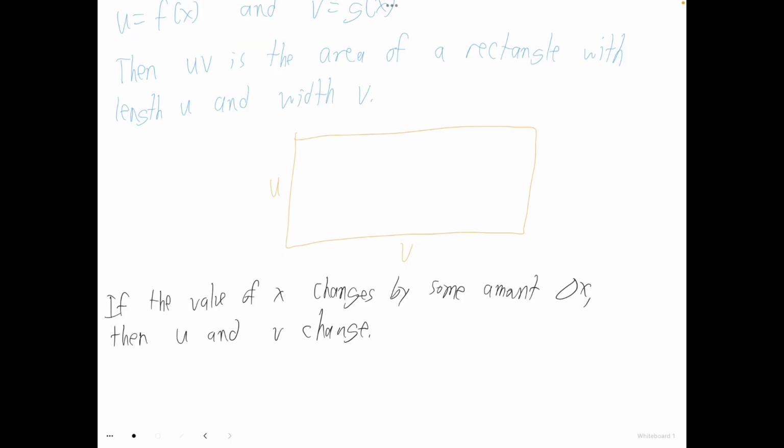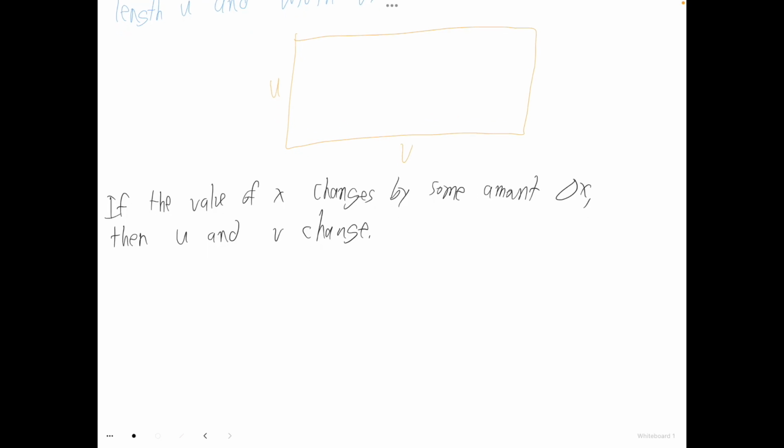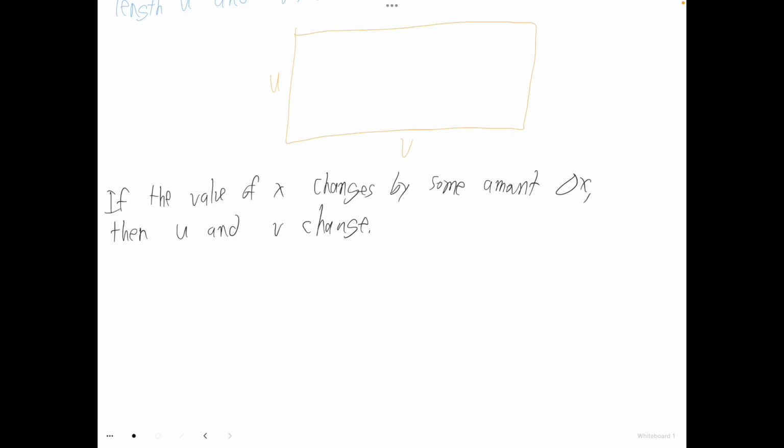In other words, we're going to have a slightly different rectangle if we change the value of x a little bit. The change in u, which is delta u, will be f of x plus delta x, our new point, minus our old point. And delta v will be g of x plus delta x minus g of x.